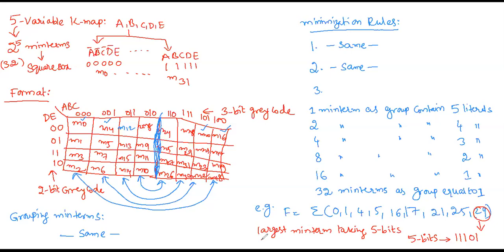Therefore we have to use a 5 variable K-map for the simplification. Okay, now let us see.